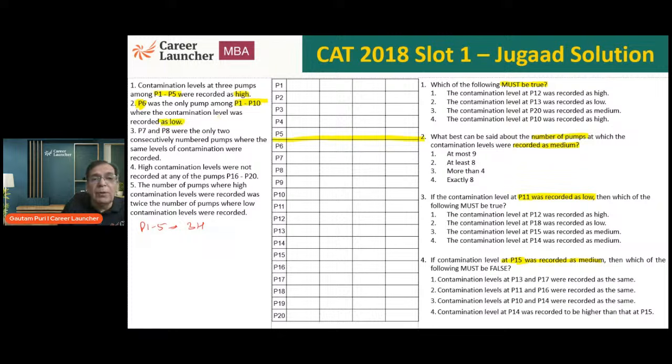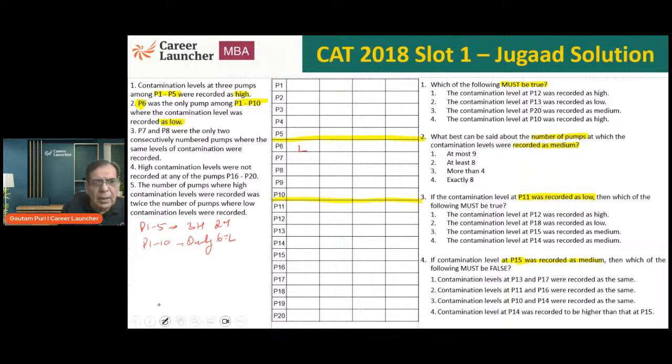Again, let me highlight this portion so that you're able to pick it up easily. From P1 to P10, only P6 is low. That means all others are going to be either high or medium. Now, P1 to P5 has got 3 highs, so it should have 2 mediums.